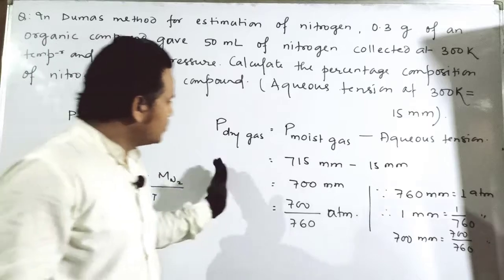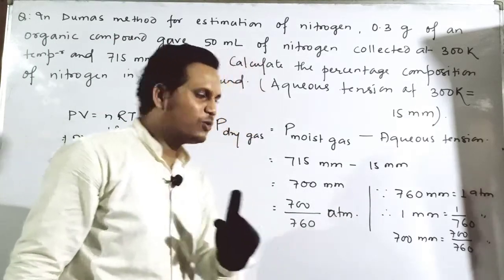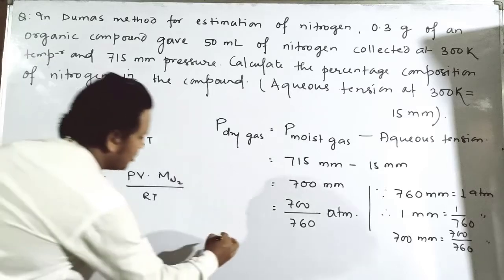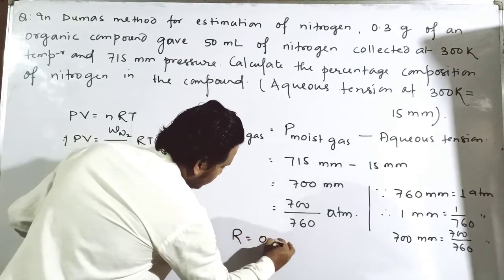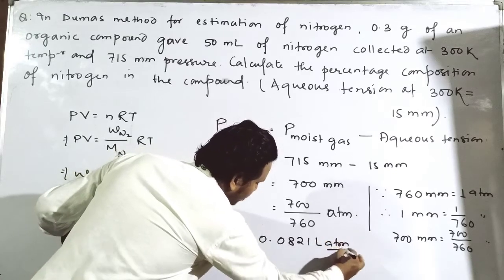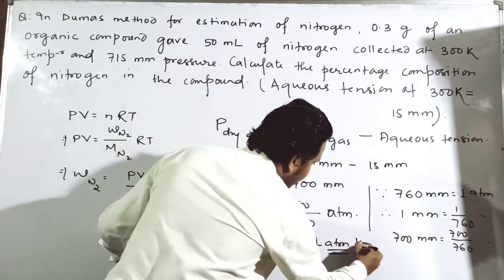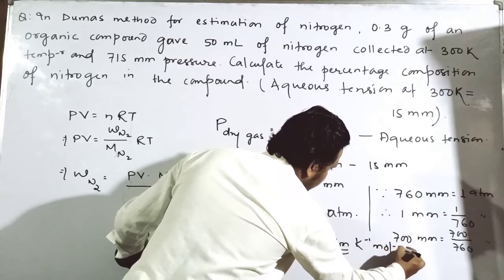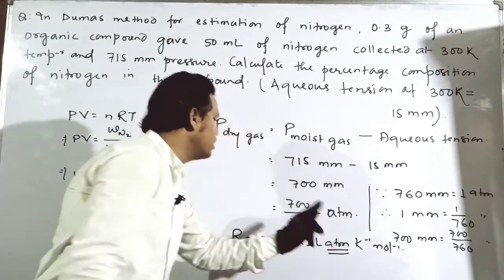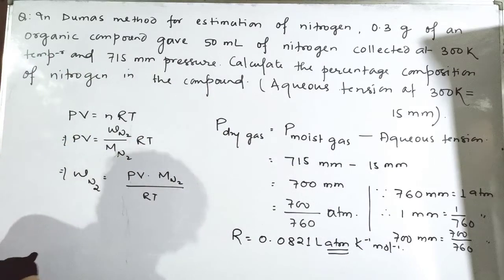Why are we converting to atmosphere? Because the value of R is 0.0821 liter atmosphere per Kelvin per mole. So in the unit of R, pressure is in atmosphere, so we are converting.